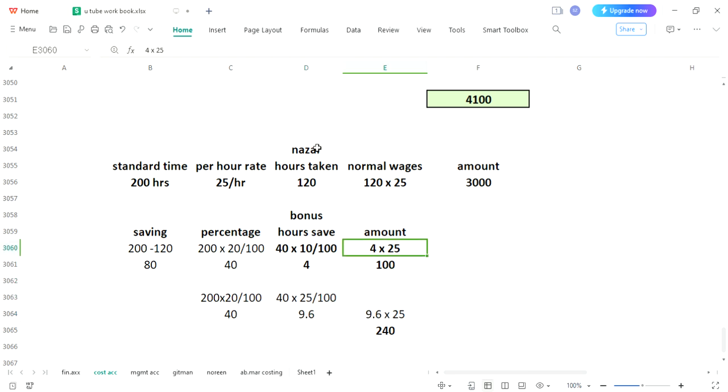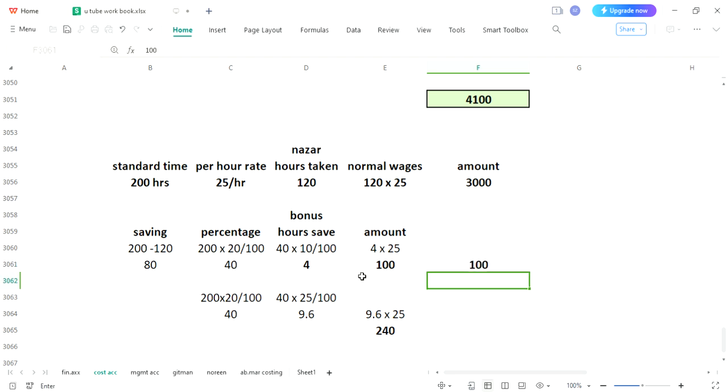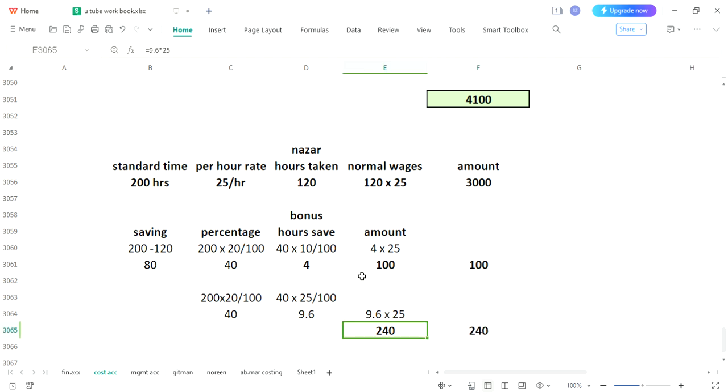Okay, there are two amounts, and now we will accumulate all the amounts. The first bonus you can see is 100, put over here. The second bonus is 240, put over here. These are the amounts which would be given to the worker, and we will now finally accumulate the total amount of wages.